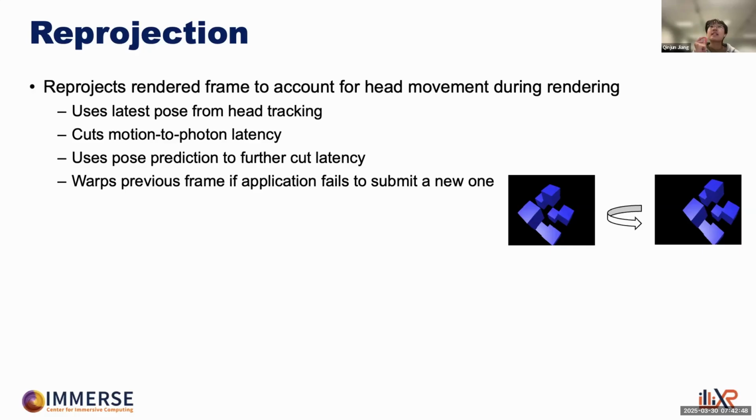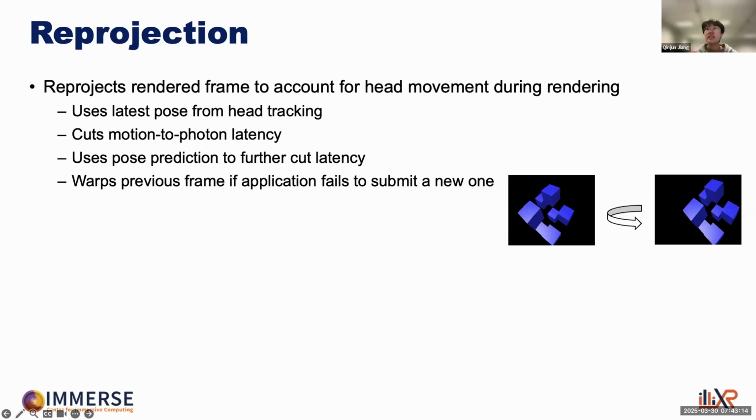If the application fails to submit a new frame, there are two options. One is we just do nothing and show the user whatever we showed them 8 milliseconds ago. This is definitely not good because the user has already moved, but we show them the same image, and that will greatly break the immersion.